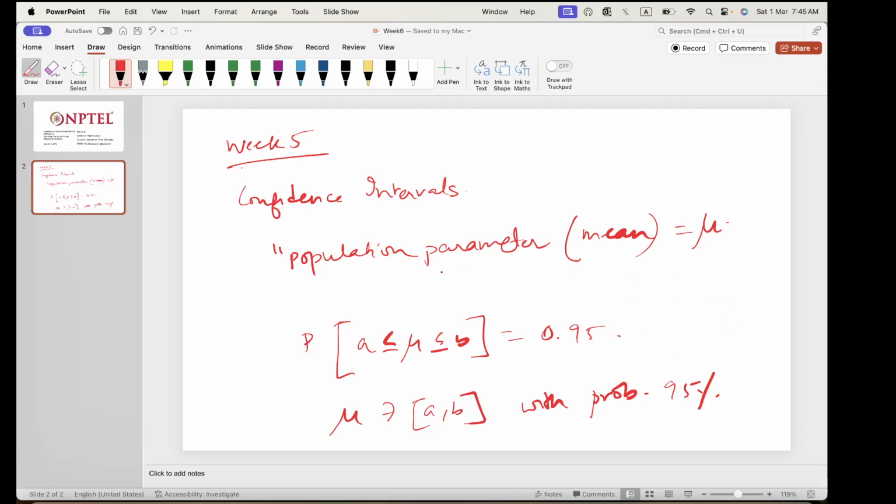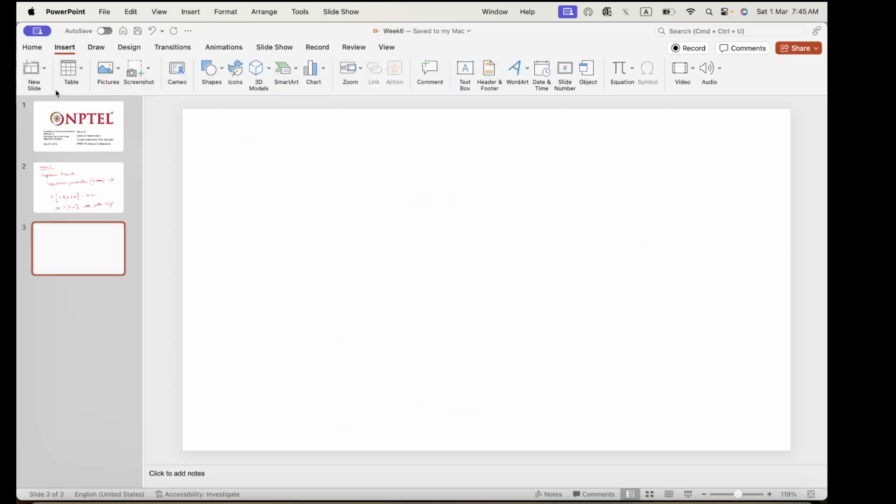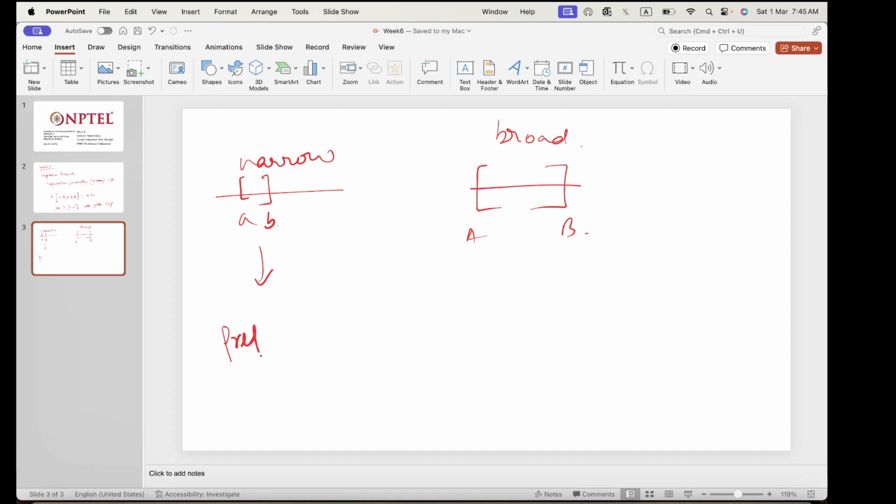If I have a very small confidence interval, that is actually desirable. So this is broad and this is narrow, and this one would be preferred for several reasons, which I'm not going into now.